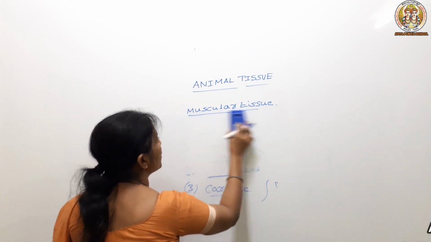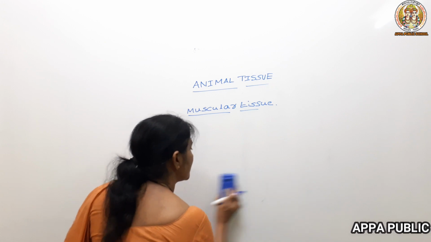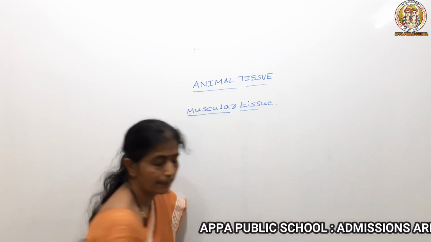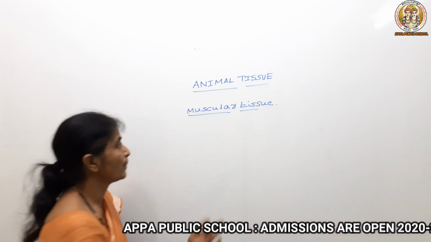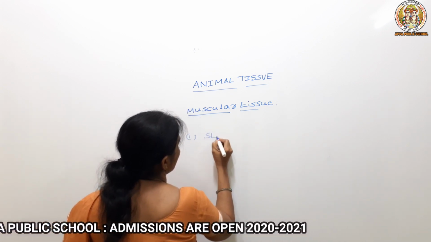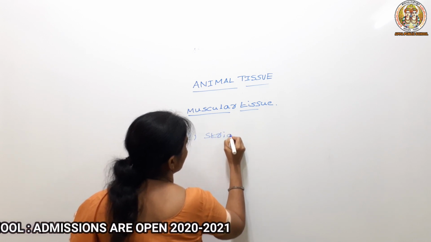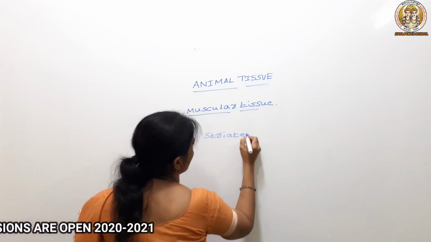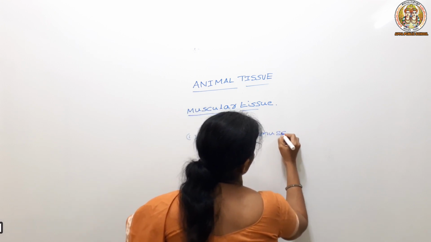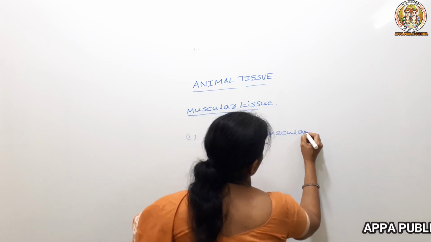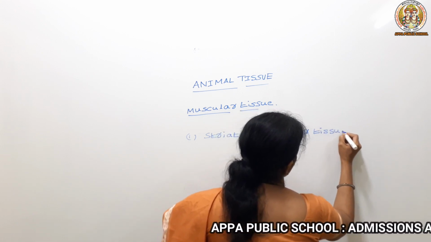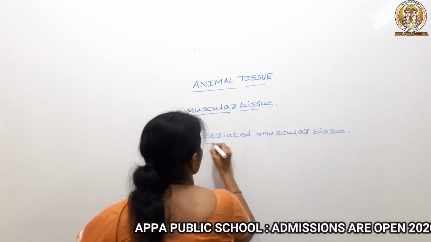Depending upon the striations, they are categorized into three types. Let us know about the first one, the striped or striated muscular tissue. What is the structure of this muscular tissue, where it is present and what is its function?